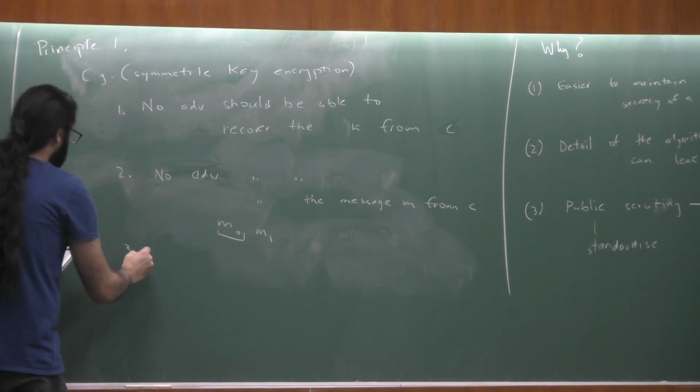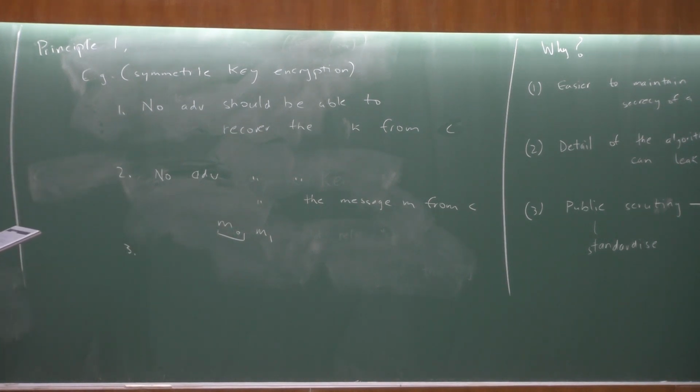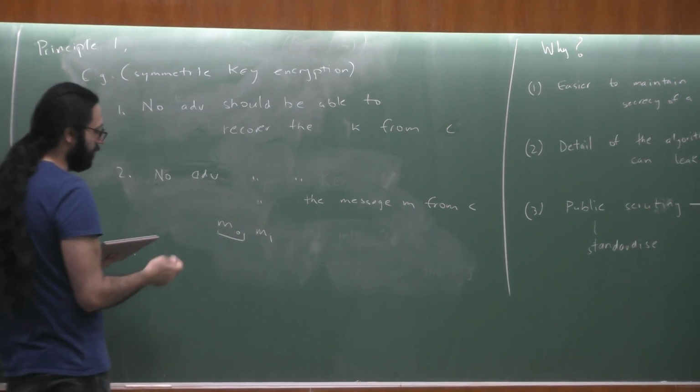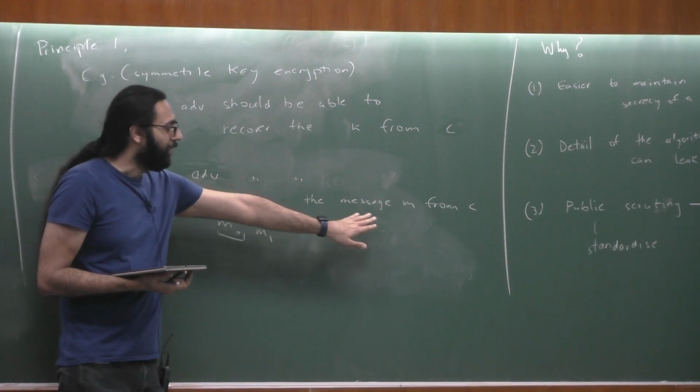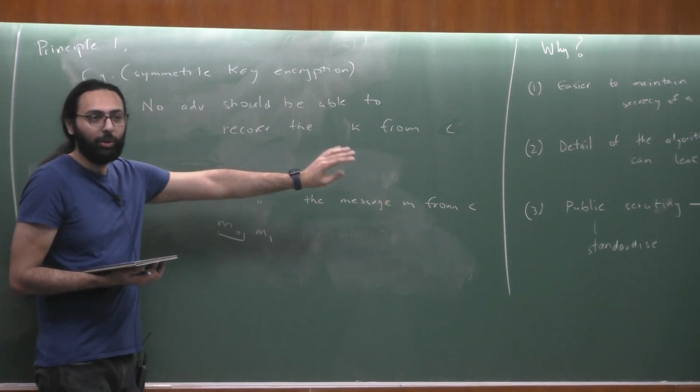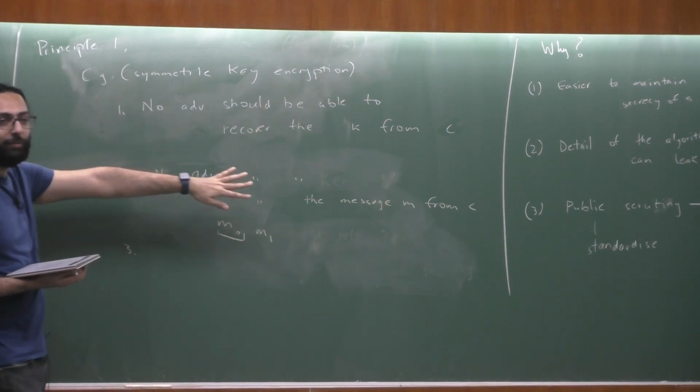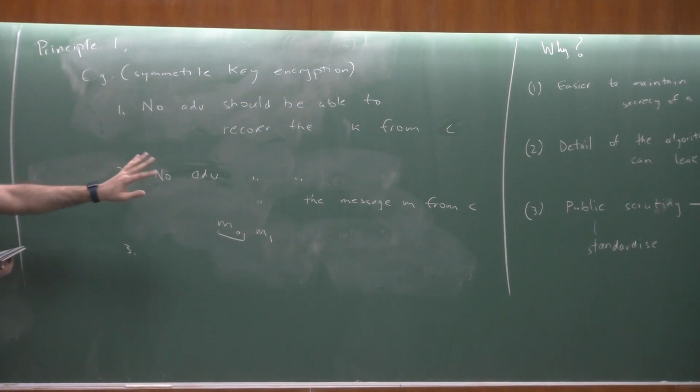So what would be a better definition? One can then say, okay, recovering the entire message is not important. We don't want anything meaningful about M to come out of C. That's what we want.